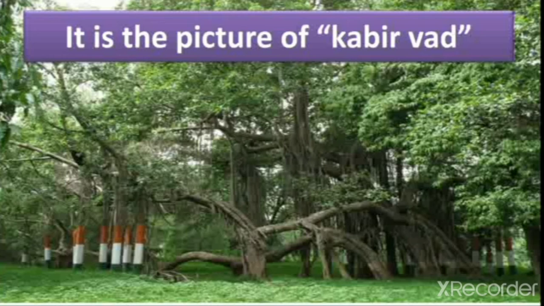You can see here the picture of banyan tree. In this place, there are so many banyan trees which grow from roots. You can see here roots of banyan tree.